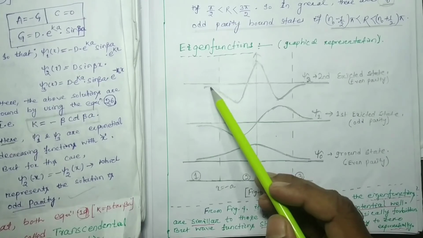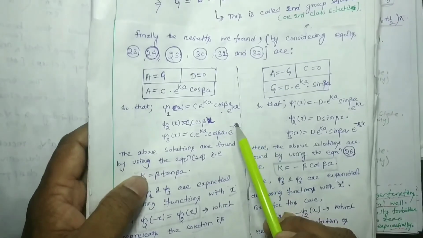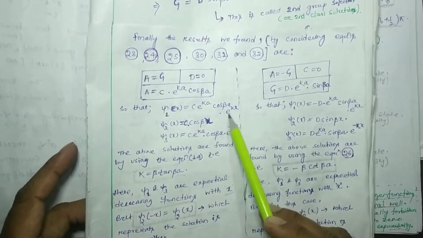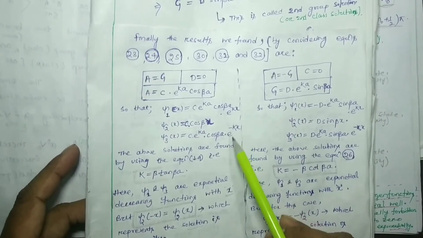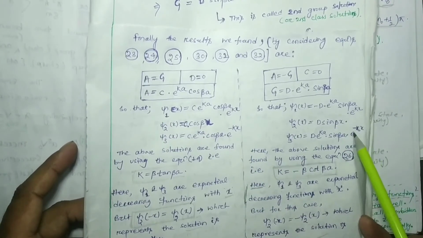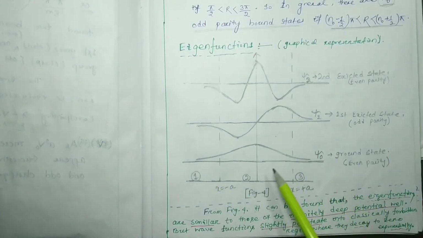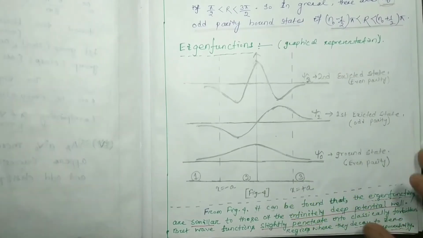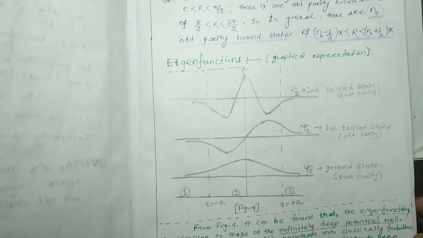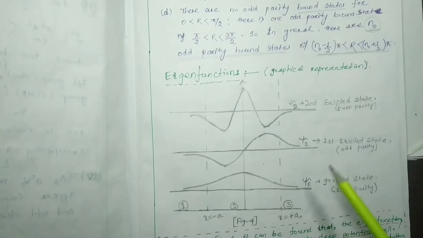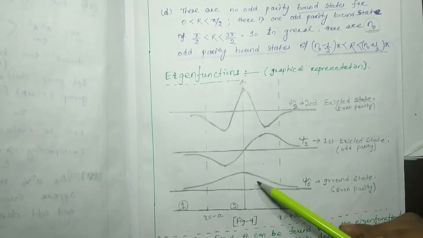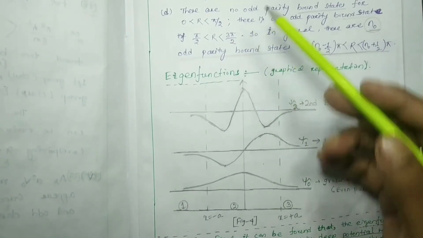There are some wave functions, but they are decreasing wave functions, psi 1 and psi 3, in regions 1 and 3, but in region 2 alternatively we can get the ground state. Okay, actually alternatively we can get the even, odd, like that.